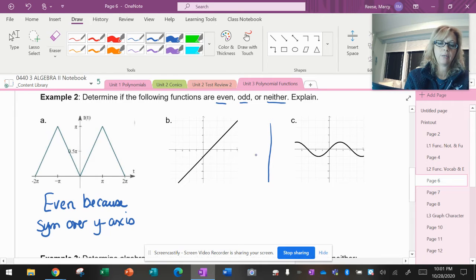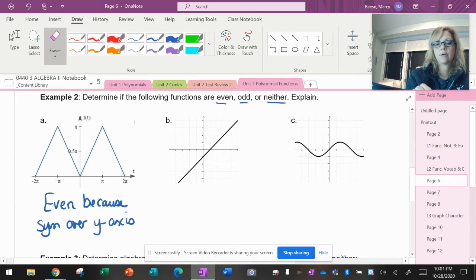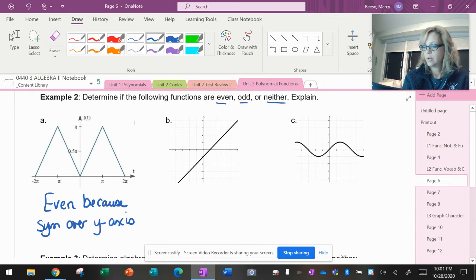Try to visualize that: see how it's down below the x-axis? If I rotate it 180 degrees, it would end up on the top. So the original picture doesn't look the same. So we're going to say neither.